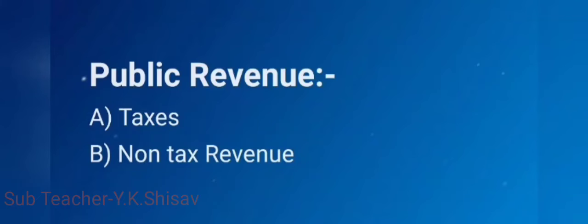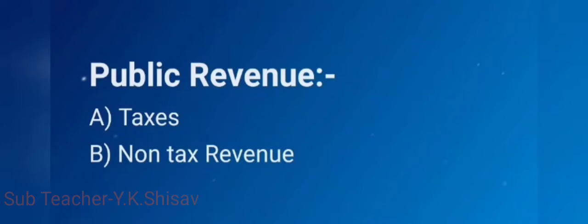According to Professor Tossing, the essence of the tax as distinguished from other charges by government is the absence of a direct quid pro quo between the taxpayer and the public authorities. Second definition, according to Professor Seligman, a tax is a compulsory contribution from the person to the government without reference to special benefits conferred.